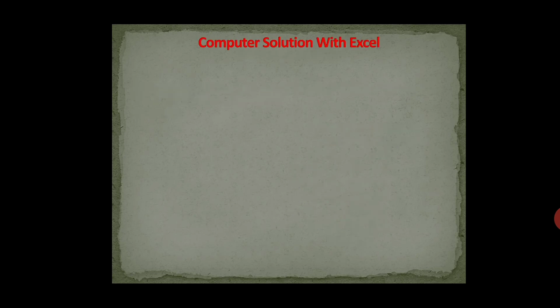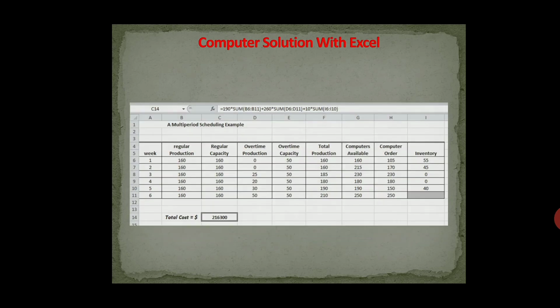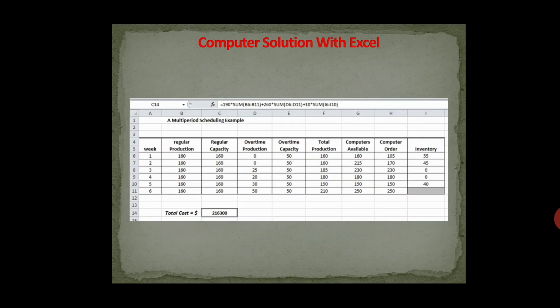So for the computer solution with Excel, the formula for the objective function in cell C14, the total cost, is the SUMPRODUCT of cells B6 up to B11 and D6 to D11.